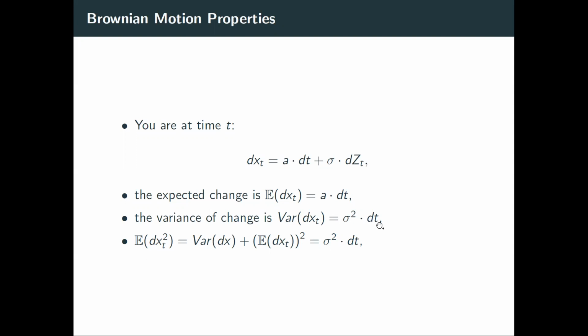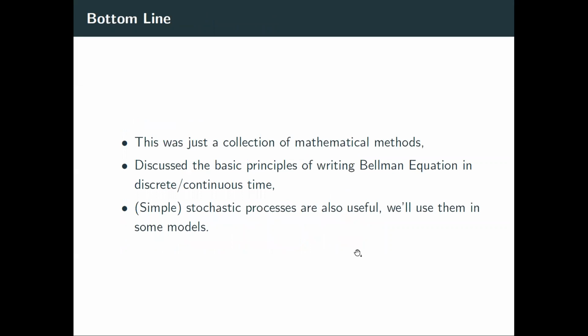So the variance is equal to sigma squared times dt. And the squared expectation is then A squared times dt squared. And again, remember that dt squared is equal to 0 according to our rules. Therefore, this term vanishes. So actually, it's 0, and what remains is just like that.